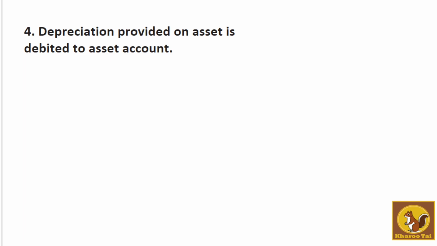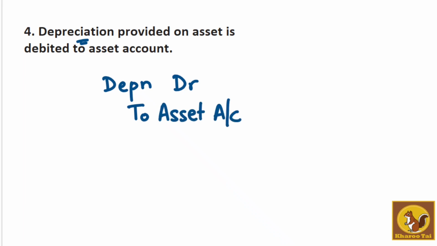Next question. Depreciation provided on asset is debited to asset account. For this, what is depreciation entry? Depreciation account is debited as it is an expense. We debit the expenses to the asset account. Whatever fixed asset is there, we credit to that asset account.